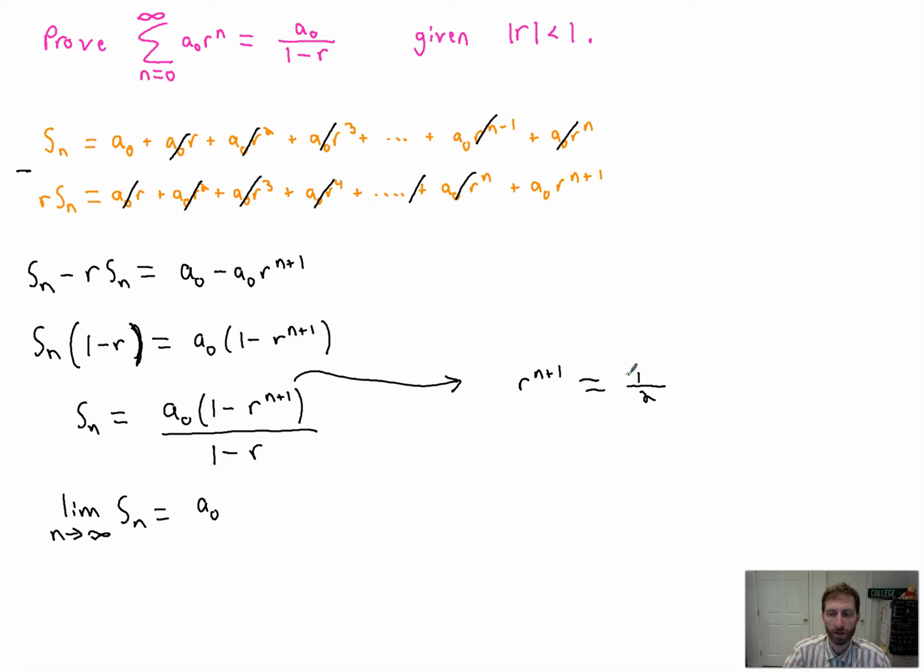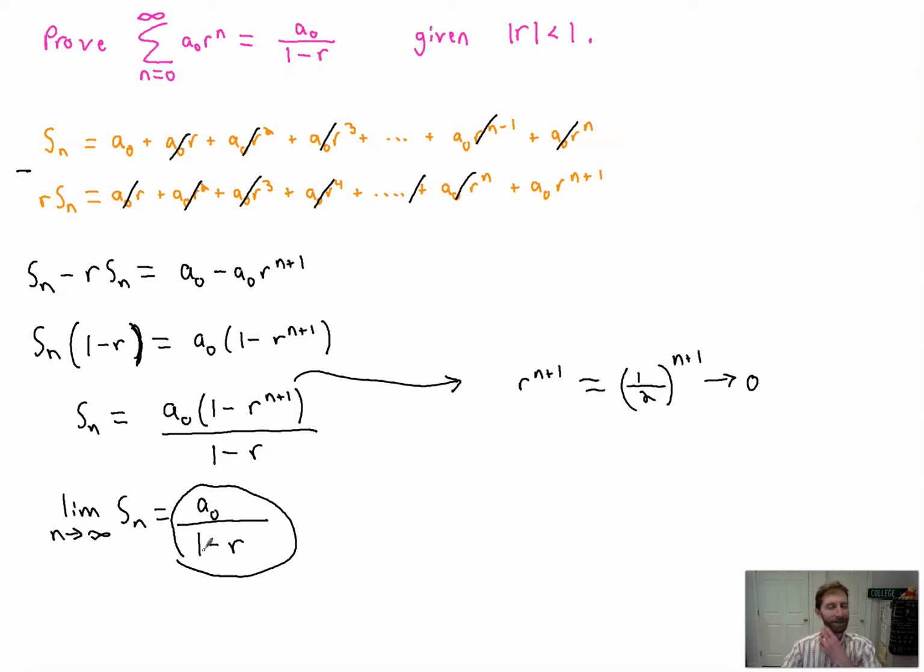Let's just do 2, for instance. Well, if I'm doing this as it goes to infinity, that's like taking 1/2 and repeatedly multiplying by 1/2. It's eventually going to go to 0. So that goes to 0 right there. Isn't that awesome? And we're just left with 1 minus 0, and that times a sub 0 is just a sub 0, all over 1 minus r.